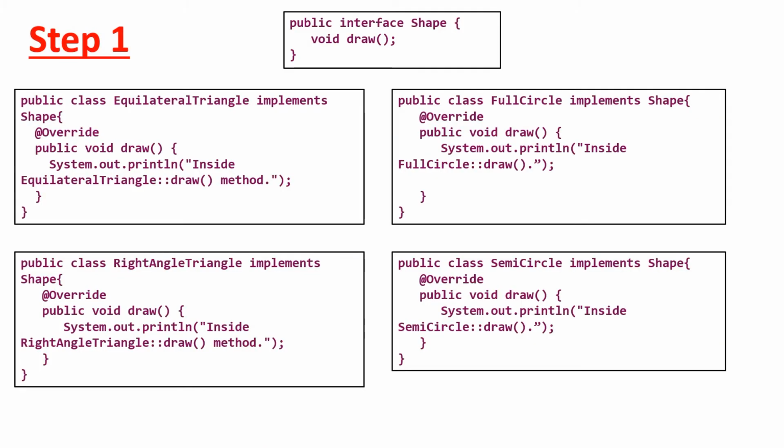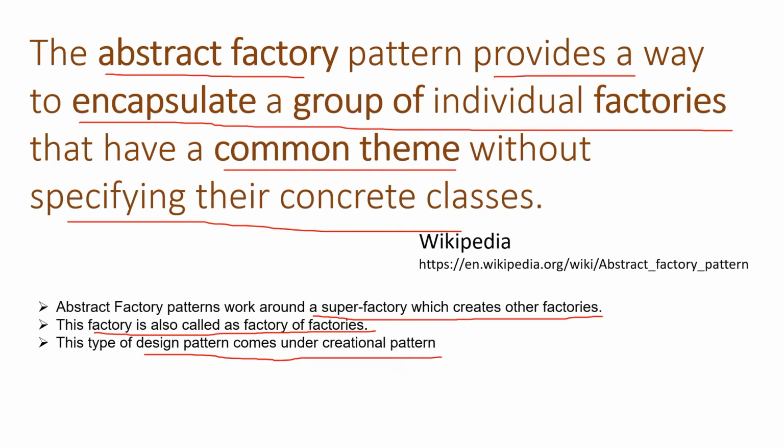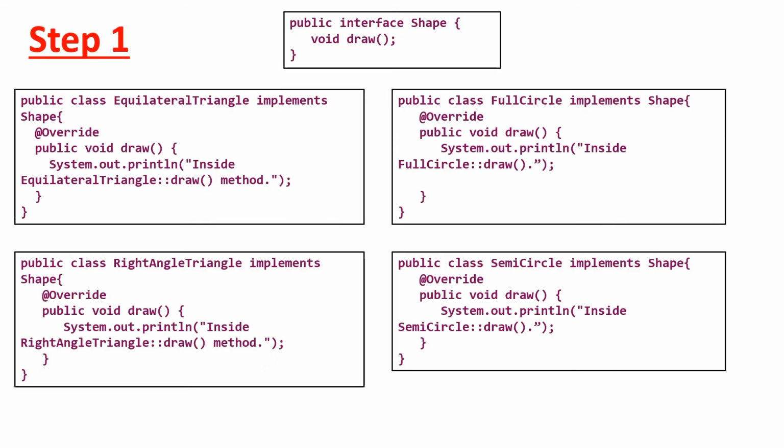So the first thing to implement abstract factory is we have to create an interface. Interface was nothing but this common part. This common thing which we have to do is create an interface. So here I have created an interface Shape. You can see it here. And then I have 4 concrete classes for this interface.